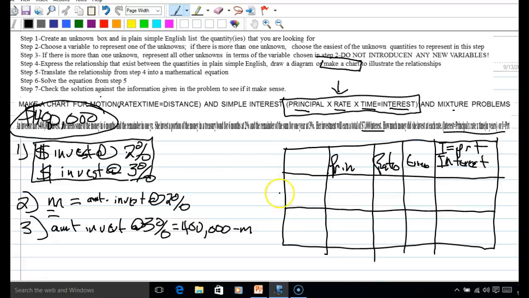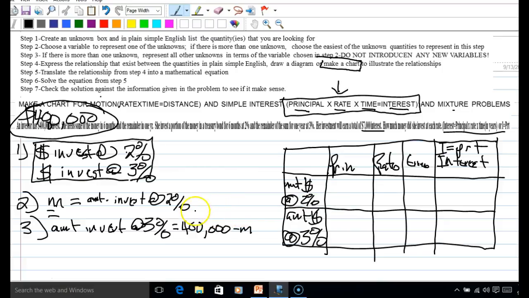So I have an amount of money invested at 2%, and I have an amount of money invested at 3%. Those are my two unknowns. So, how much money do I have invested at 2%?